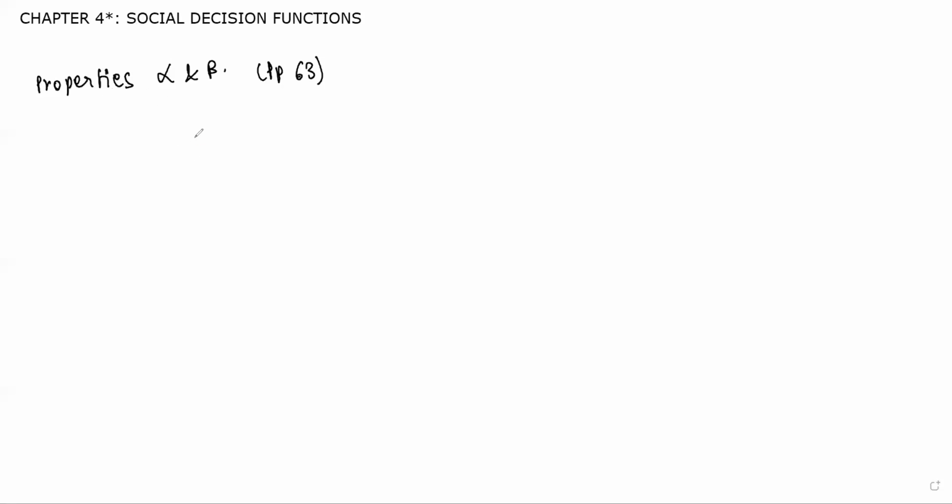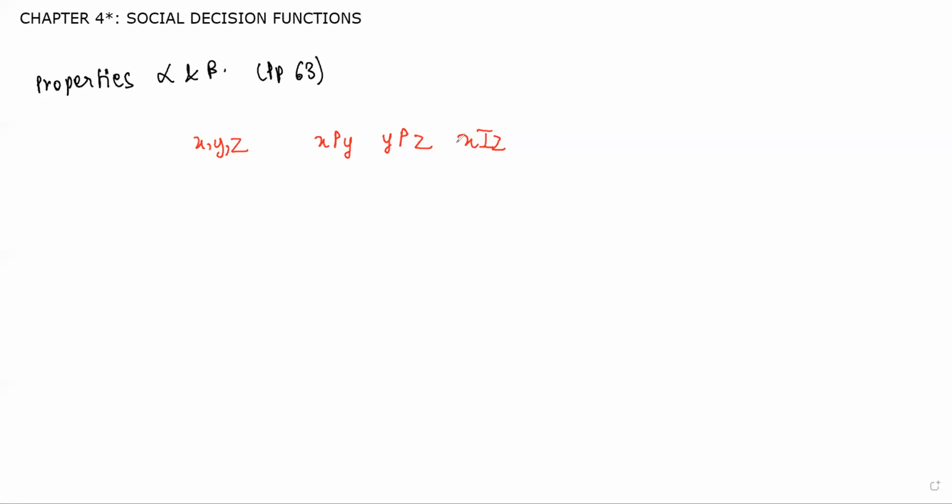So let's say that X, Y, and Z are 3 social states. X, P, Y is true. Y, P, Z is true, but X, I, Z. Now this sort of thing can occur for an SDF because PP transitivity is not true, right?